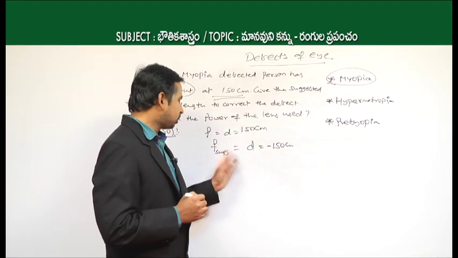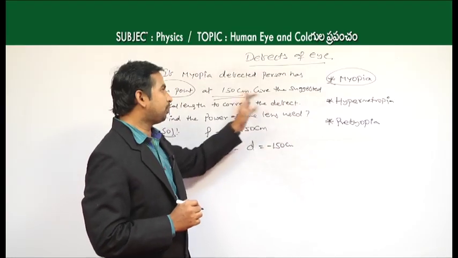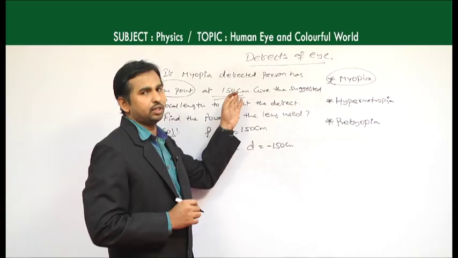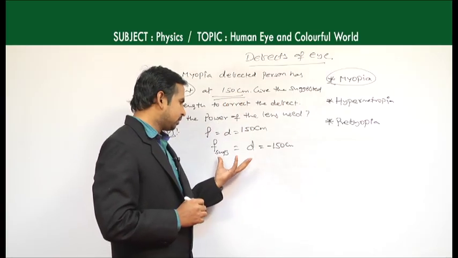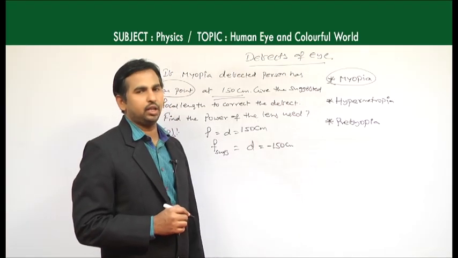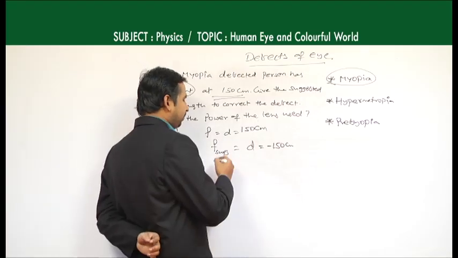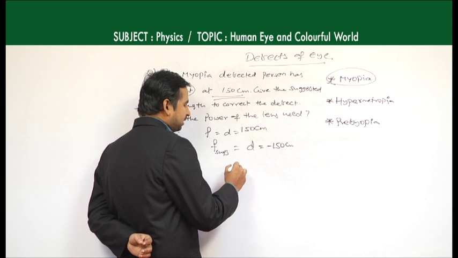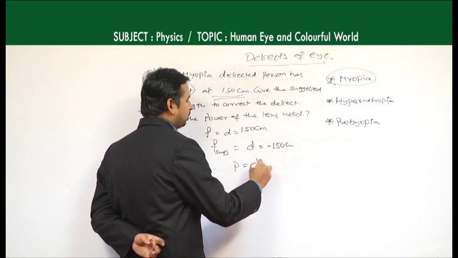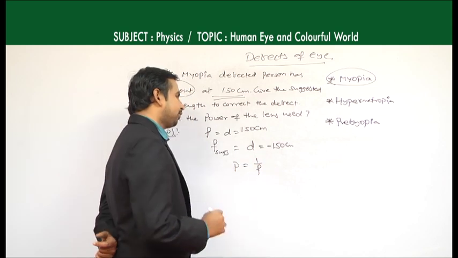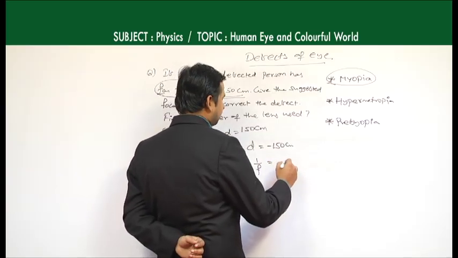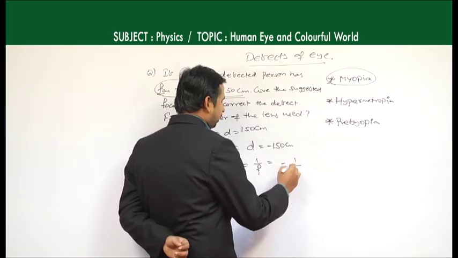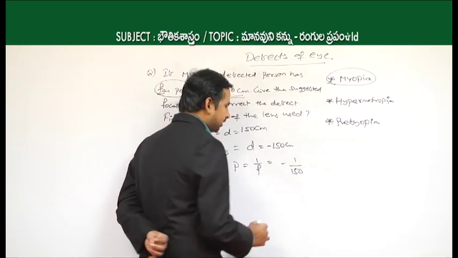So, the focal length suggested for a person with this 150 centimeter far point myopia becomes minus 150 centimeters. Then if you want to find the power for the suggested focal length, as power is the reciprocal of the focal length f, P is equal to minus 1 by the focal length given, which is 150.